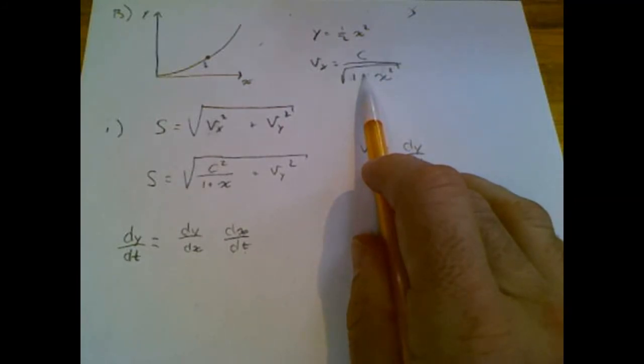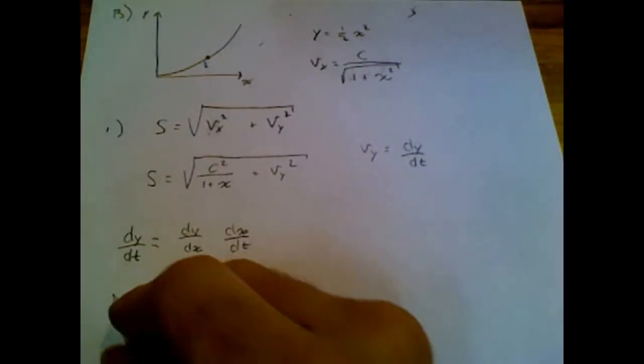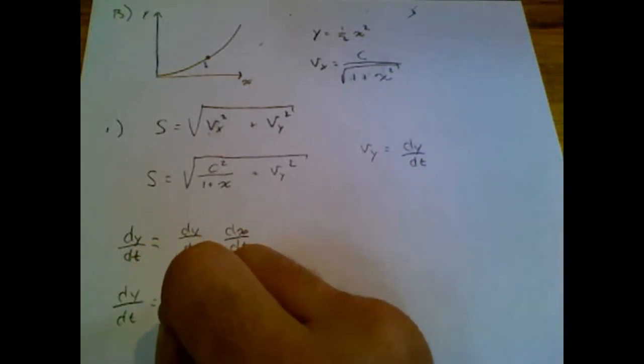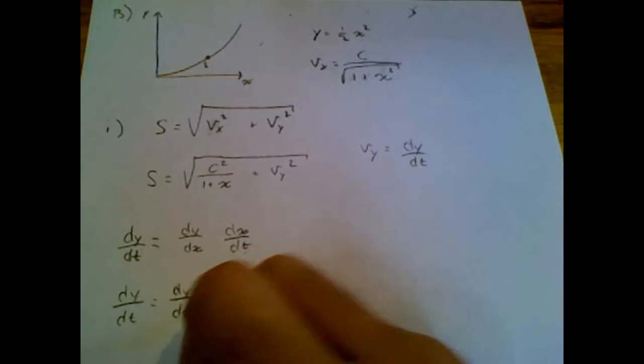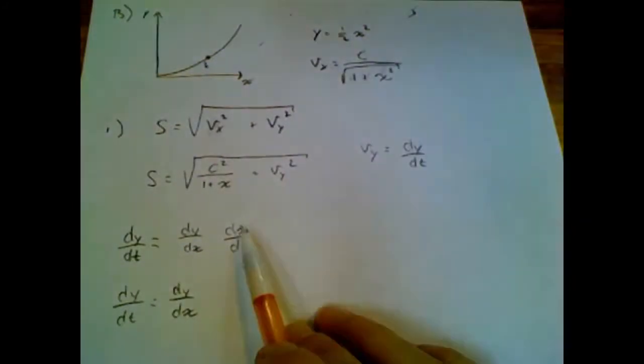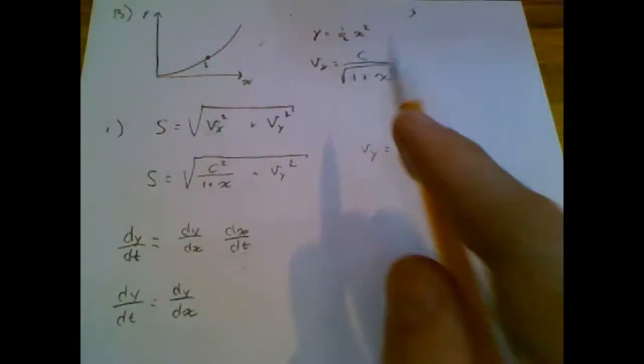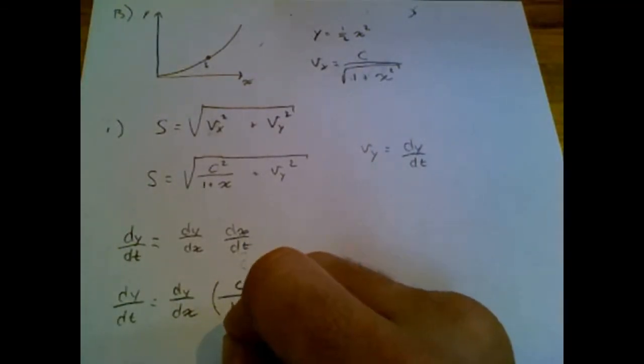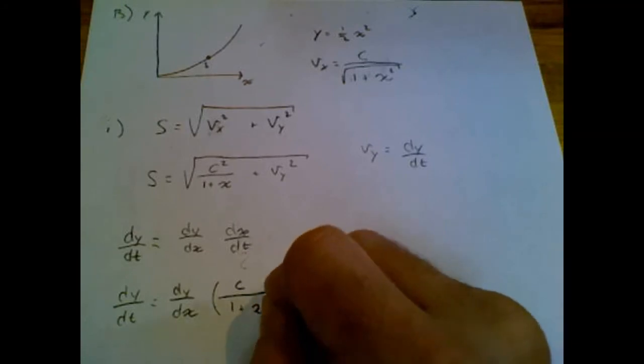So now I have dy/dt equals dy/dx times dx/dt, which is my velocity with respect to time, which is c over the square root of 1 plus x squared.